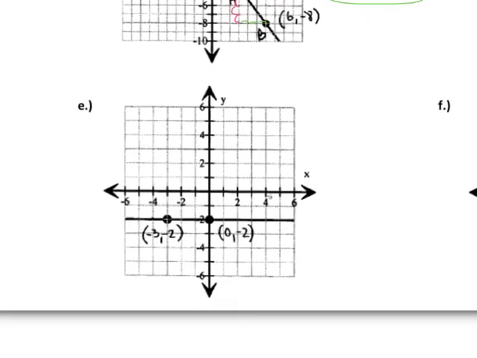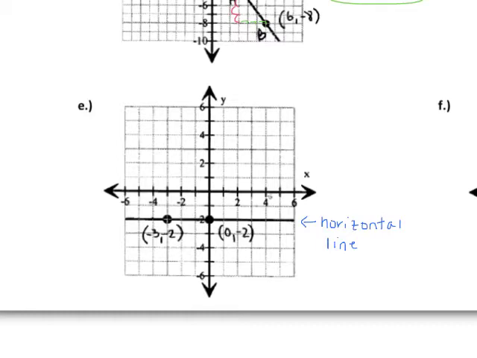Letter E is a little bit different because you've got a horizontal line, okay? And this horizontal line is going to be really important to us when it comes to a slope, okay? When we talk about a horizontal line, well, think about it.